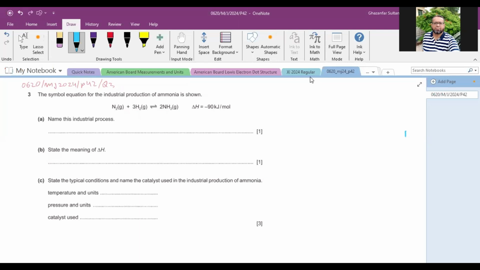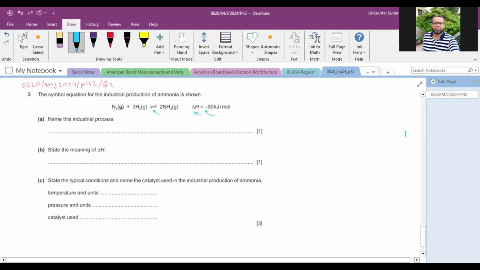Okay, the symbol equation for the industrial production of ammonia is shown here. This arrow shows that this is a reversible reaction, and the negative sign here also says something.